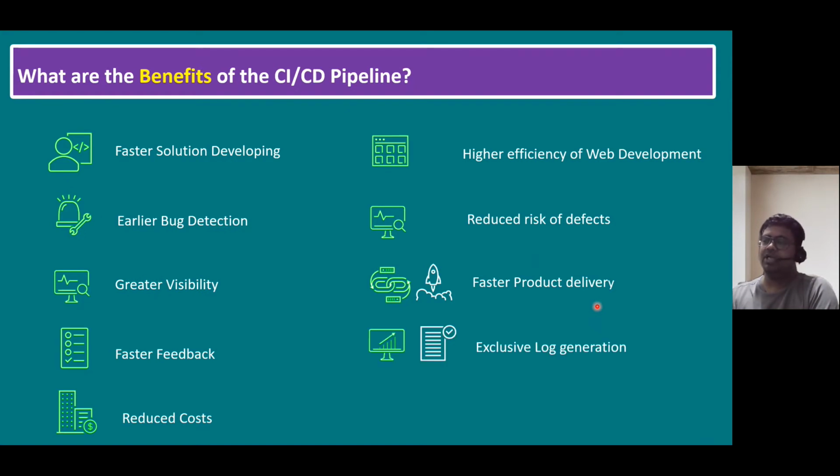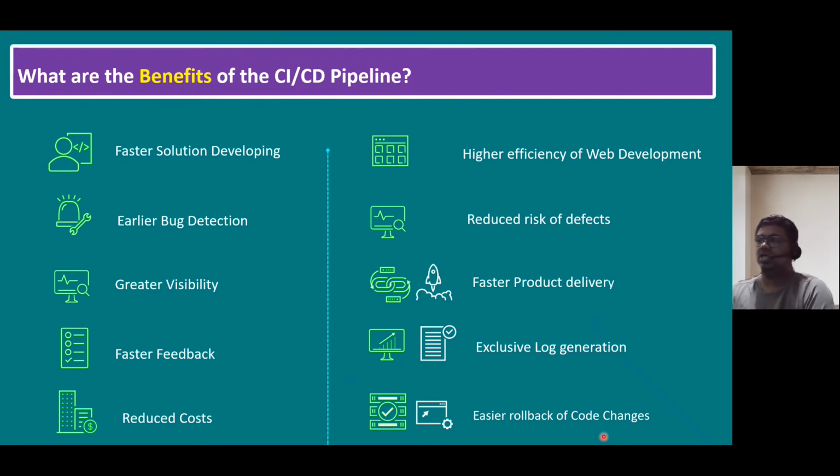Even for virtual machine provisioning, earlier deploying a virtual machine may take a few hours, but in the cloud, using automation and infrastructure as code, we deploy virtual instances within seconds or minutes. The same applies to CI/CD pipelines running cloud native applications like containers and microservices, and you can also use this automation for serverless architectures. And there is easier rollback of code changes. These are all the main key benefits of the CI/CD pipeline.